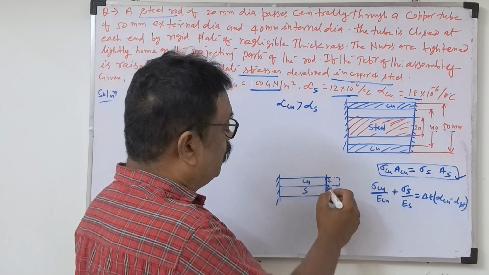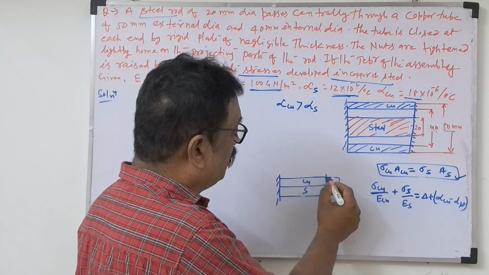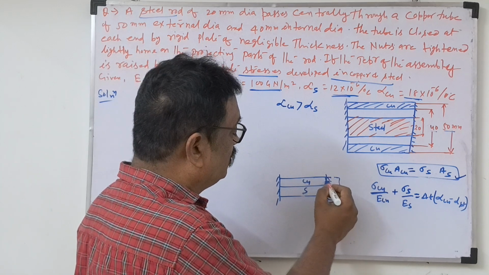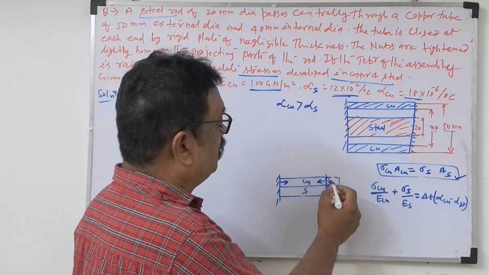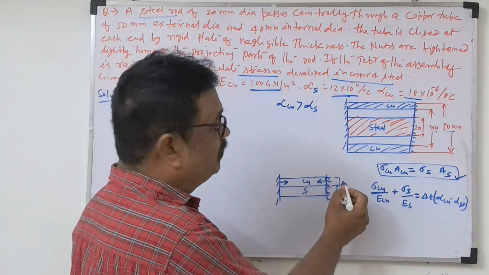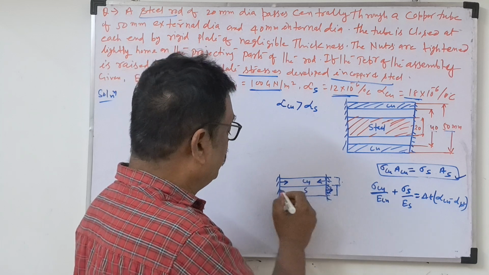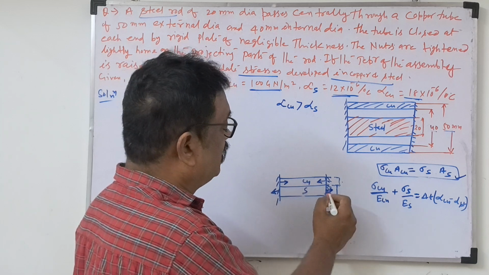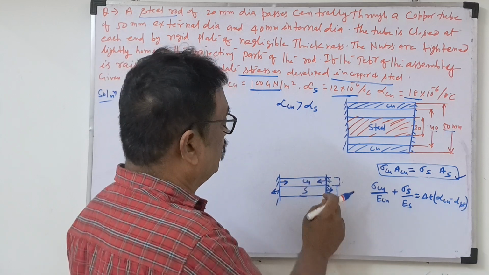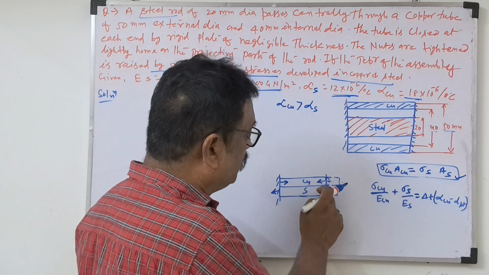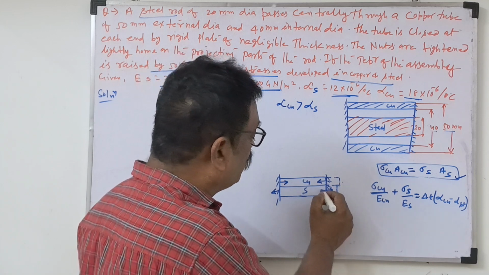But due to both ends being fixed, what will happen? The bar wants to elongate, but the supports push back. So for the copper, compressive stress will develop. But for the steel, tensile stress will develop, because of the lesser elongation. The steel wants to reach up to this length, but due to the lesser elongation, it wants to come back.